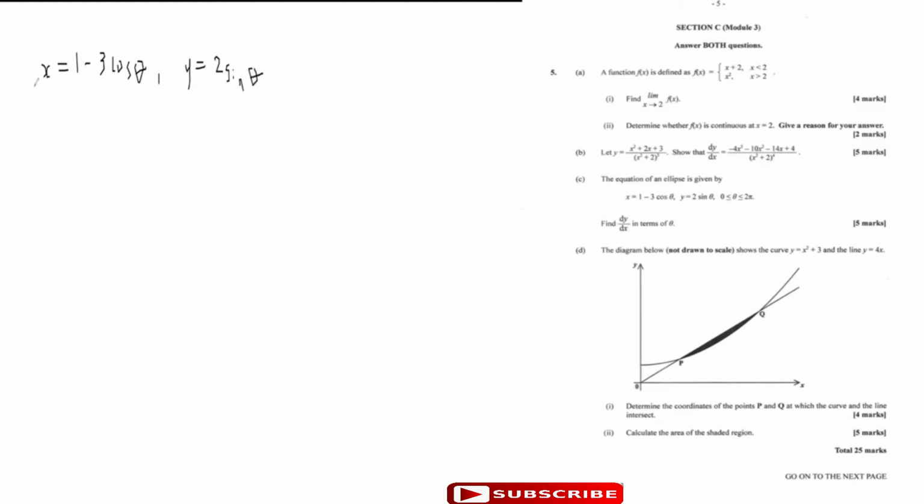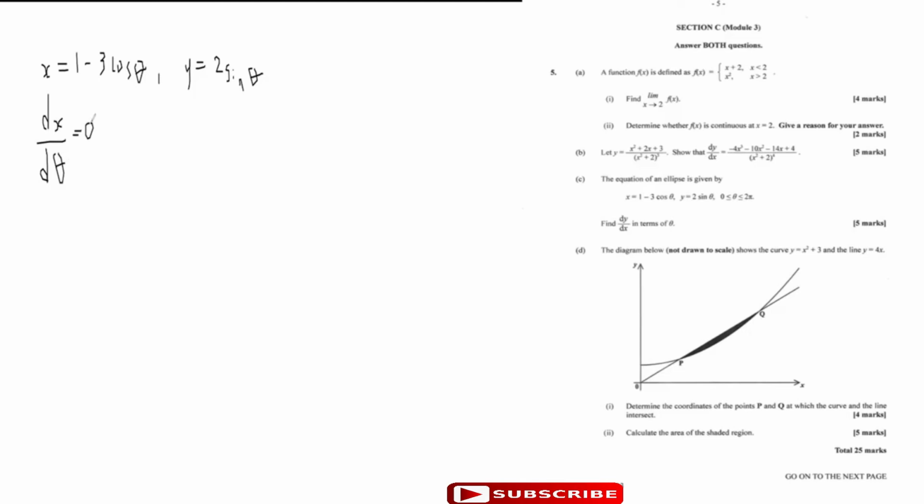So first thing is you're going to find dx/d theta. We differentiate; I'm writing t, it should be theta. So dx/d theta is going to be equal to, when you differentiate 1 you get 0.